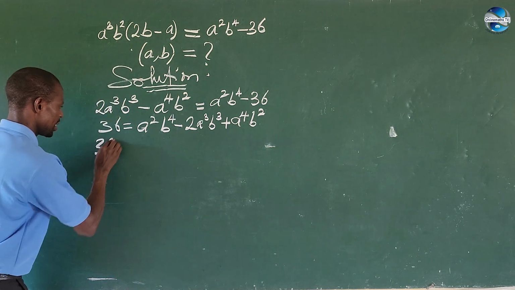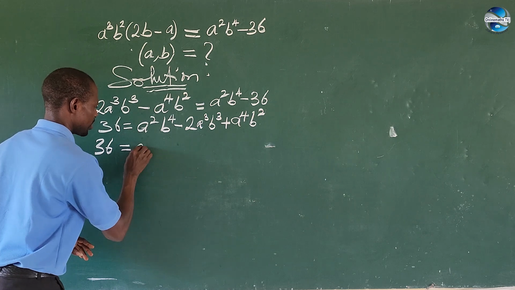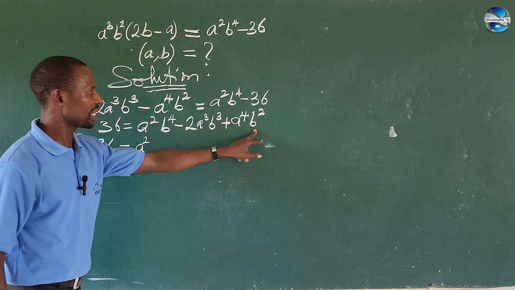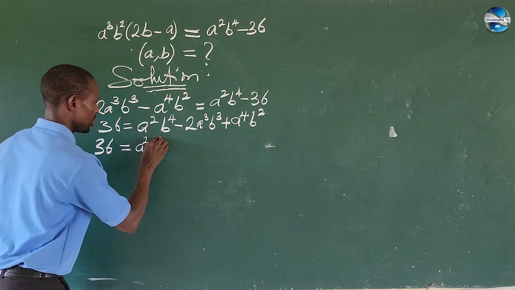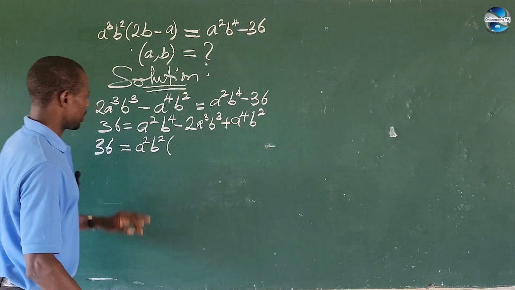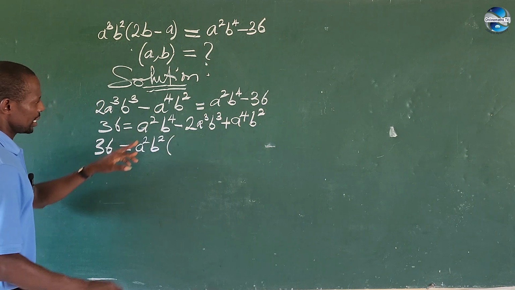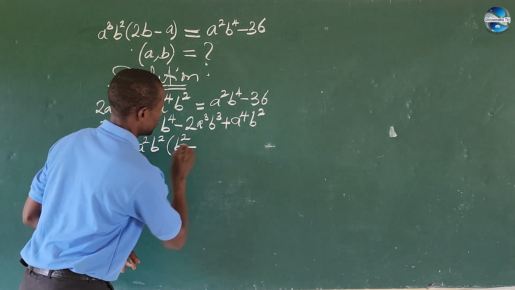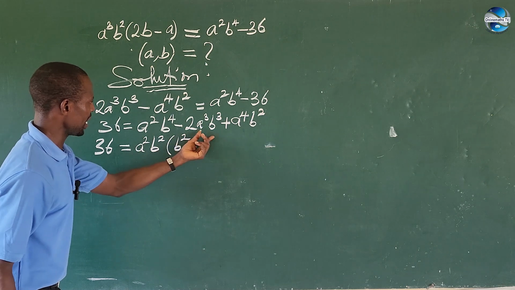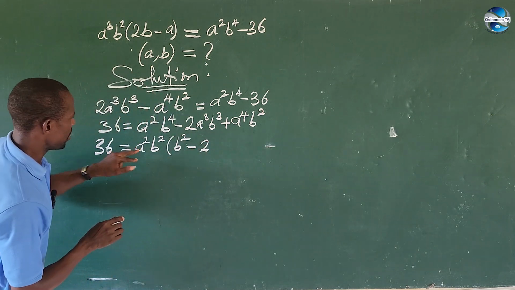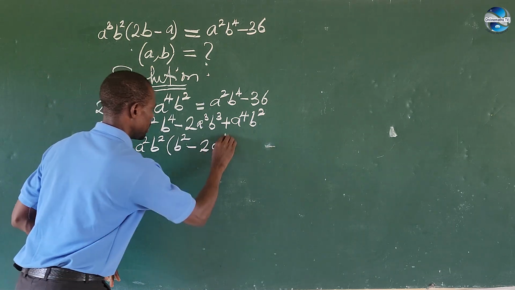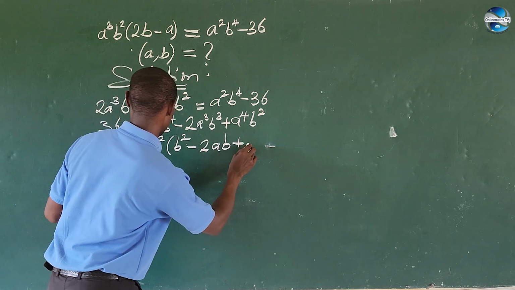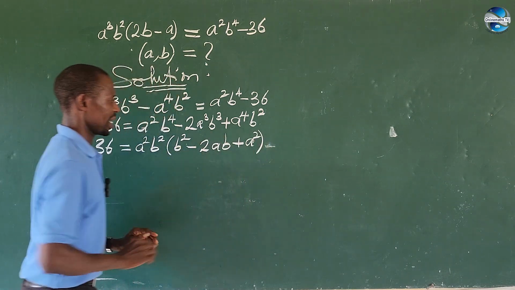So we have 36 equal to a to the power of 2, and b to the power of 2 is common to everything here too. If we use this to divide this, we are left with b to the power of 2, then minus 2ab, then plus a squared, close bracket.